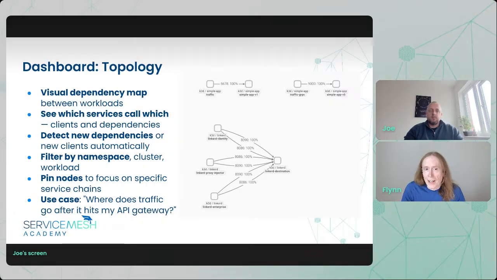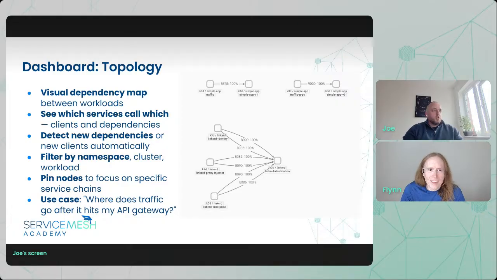But I do find it really useful for those two activities. And the fact that we have multiple namespaces in the topology view in Buoyant Cloud, oh my God, I wish we had that in the open source tools. It is such a bigger deal than I feel like people commonly realize.